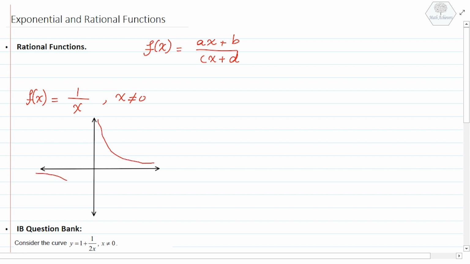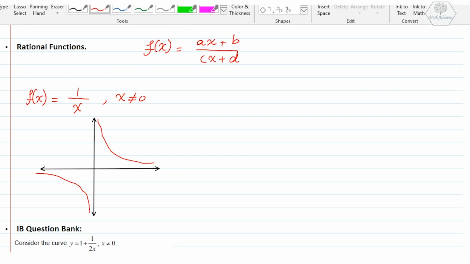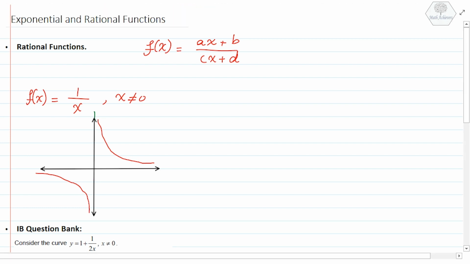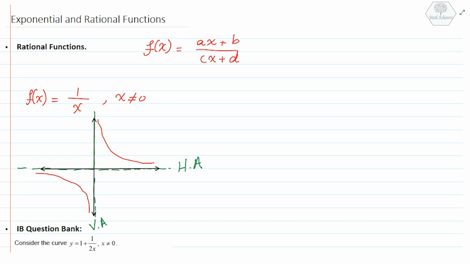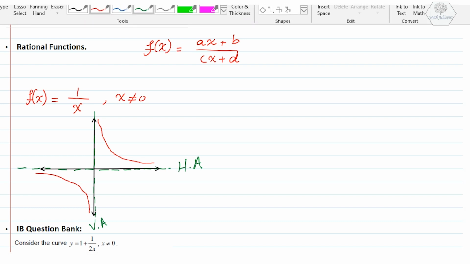You can realize that now we have two asymptotes: a vertical asymptote and a horizontal asymptote. Before sketching any curve, we have to know our vertical asymptote and our horizontal asymptote.